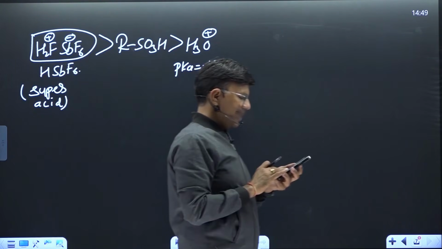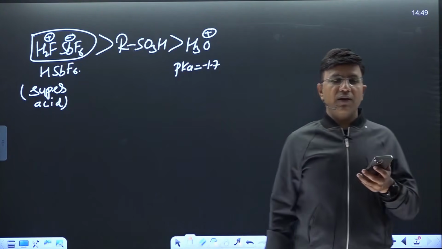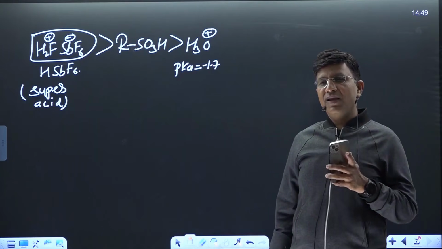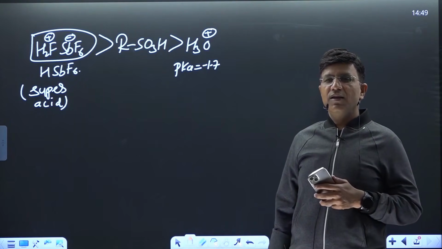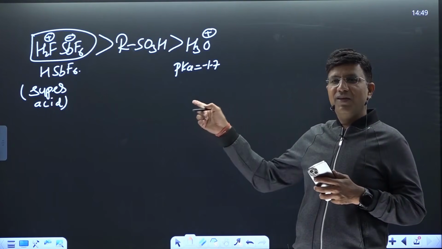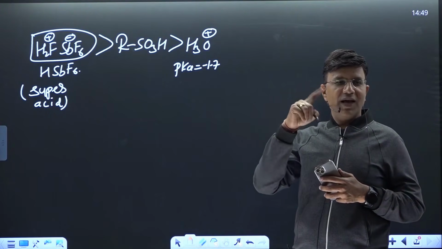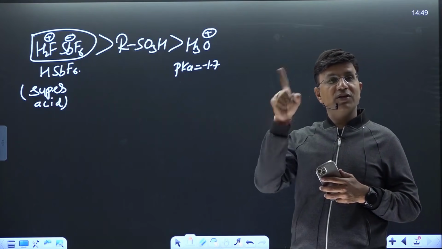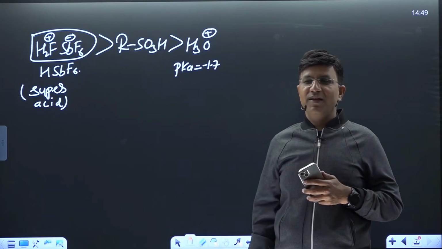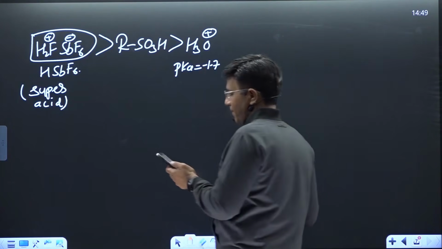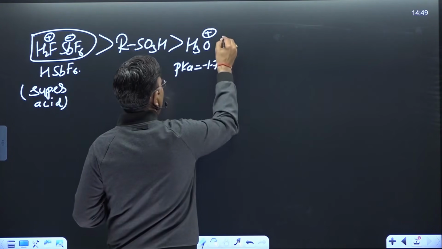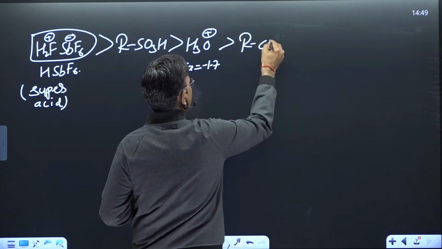Order of acidic strength. By the way, I had asked you to watch that pK video. Did you see which was the strongest acid in that? It was this antimonic acid, and which was the weakest? Methane, alkane, 50. Very good. All right. So first comes hydrogen. After hydrogen comes carboxylic.